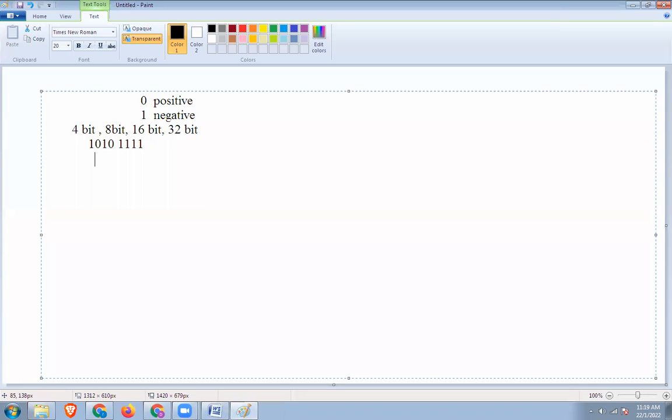If I convert this directly into a hexadecimal number, it is AF: 1010 is nothing but A, and 1111 is nothing but F. So AFH will be the hexadecimal number. Remember, 10101111 is the binary representation, and AF is the hexadecimal representation.